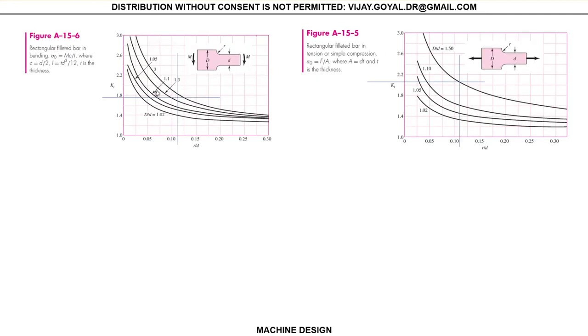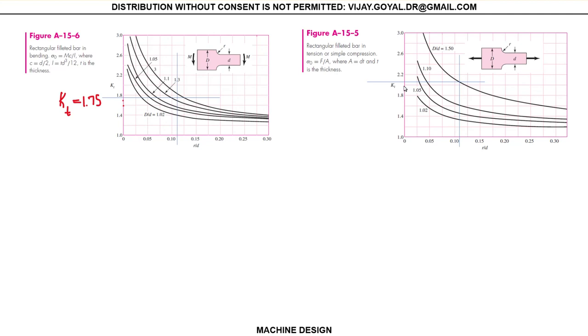Here, I would say the stress concentration factor, in this case for the bending case, will be approximately, this is 0.6, this is 0.7. So you could say this is more or less 1.75.